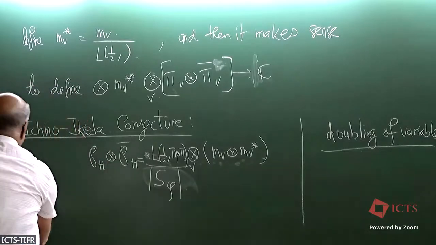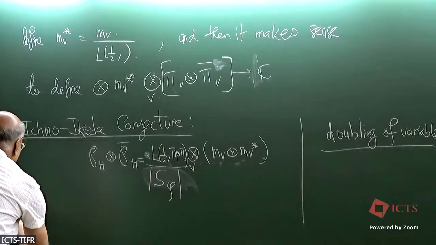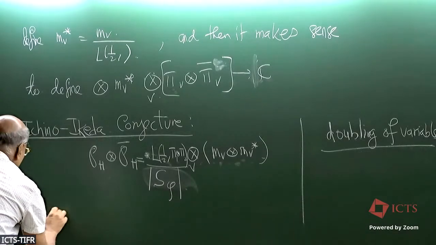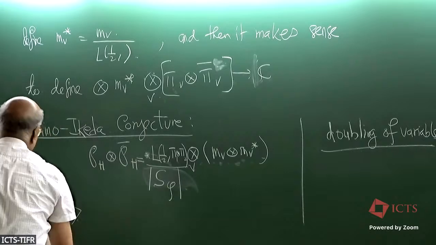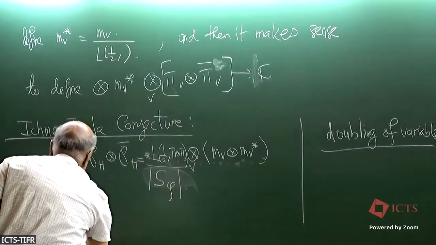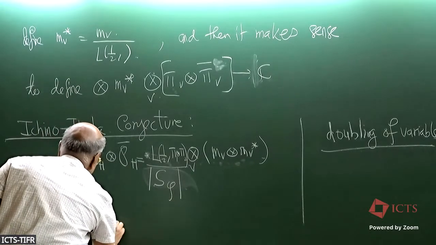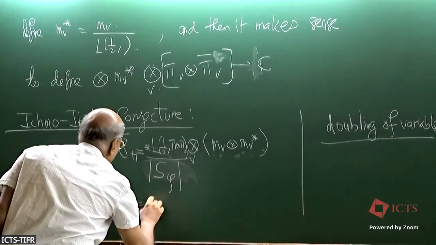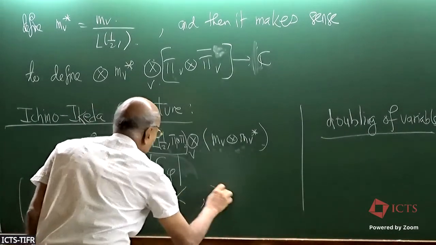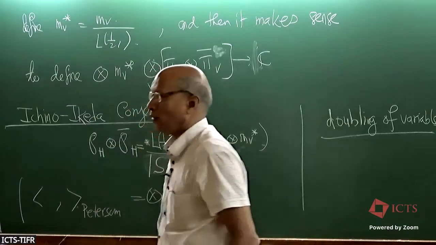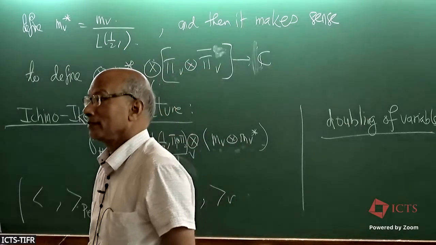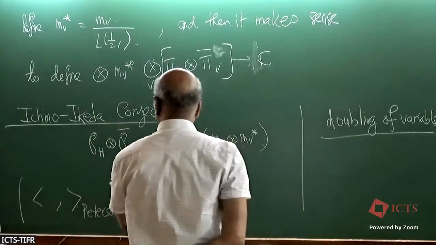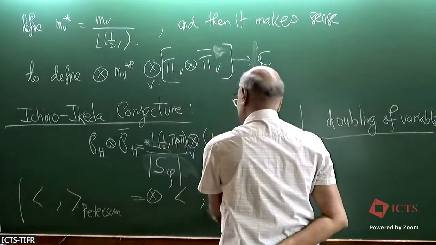So one important normalization which one must fix is that the Petersson inner product is equal to the tensor product of local Hermitian forms. Doing this is not canonical.